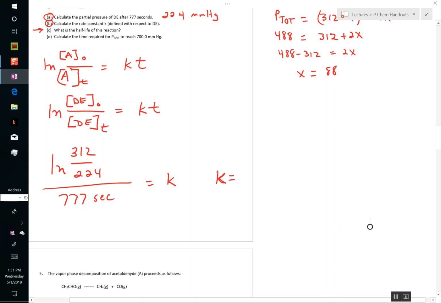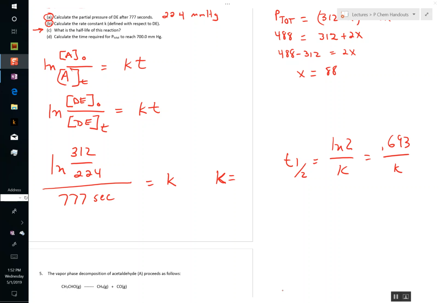That 0.693 is the natural log of 2. Yes. So what's the equation for half-life? Natural log of 2 over k. Can't you use the same equation, just say natural log of 2 equals the constant? Yes.